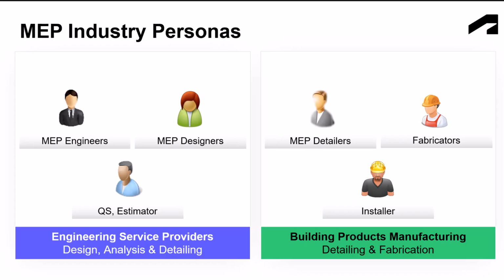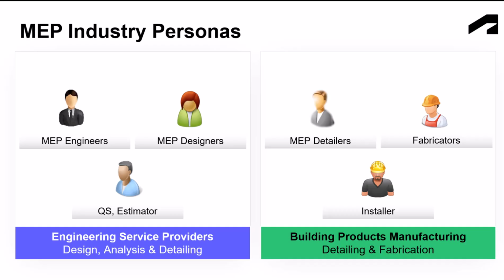In the MEP industry, every role has unique needs. On one side, within engineering service providers, we can find engineers that need to ensure system performance and compliance with precise design tools. Designers create detailed models focusing on accuracy and building codes. Estimators calculate cost using up-to-date databases and tools.